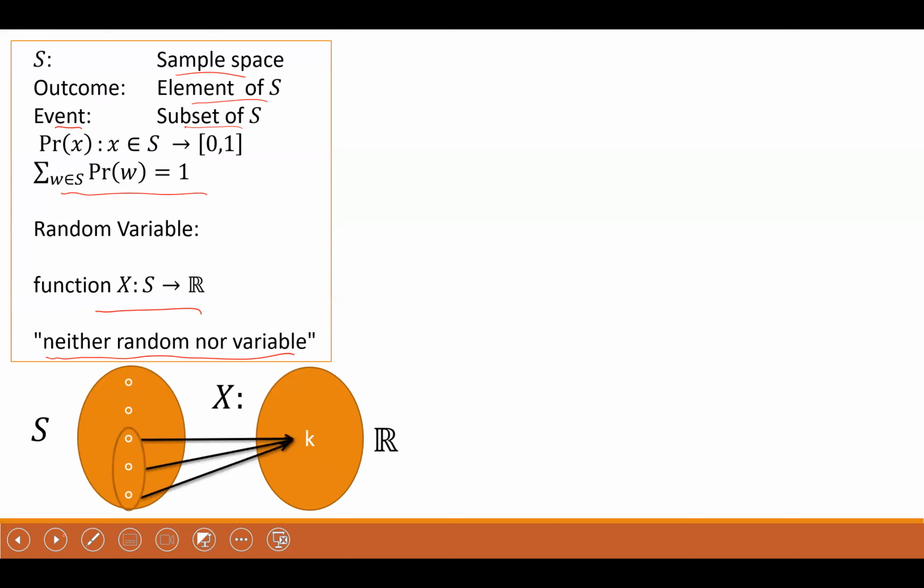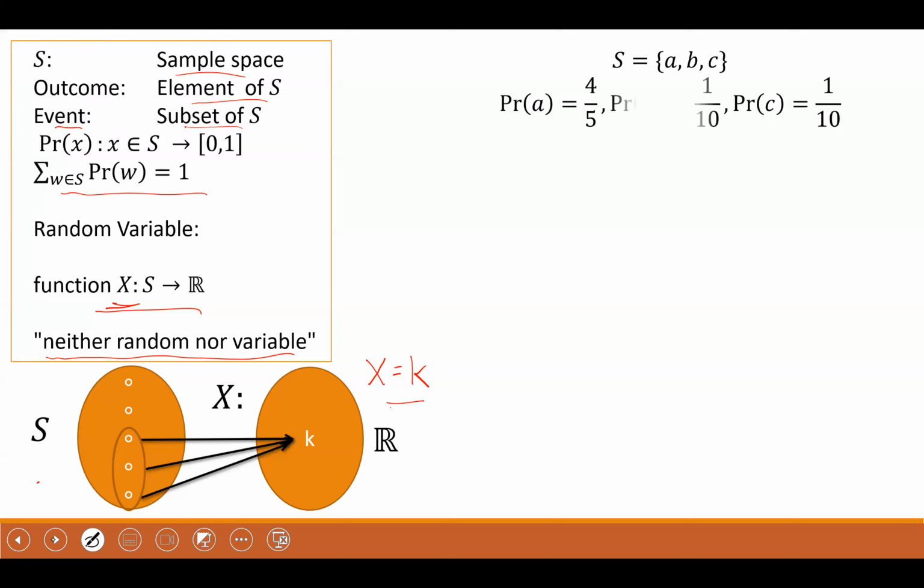And so, we can define an event based on the value of our random variable. So in this case, this is the event x equal to k. It's just a subset of the sample space. But each of these outcomes has the same value. Let's look at a sample space A, B, and C, and a probability function on that sample space.